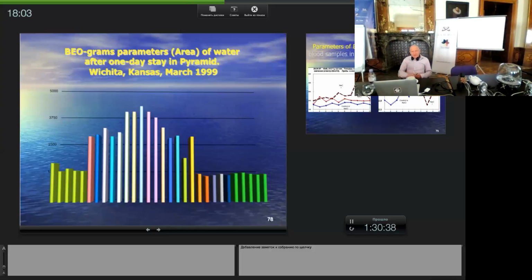Then another company from Canada did measurements of people outside. Then people came inside the pyramid and then came outside, and they were measuring later. In this case, there was an increase of energy.